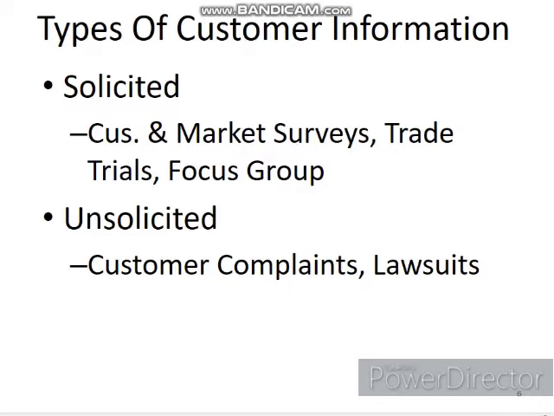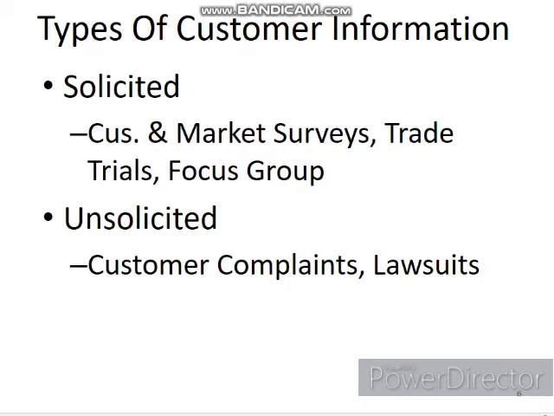So how do you get input from the customer? How do you get feedback from the customer? You can categorize it into two types. One is solicited, one is unsolicited. Solicited input is basically you actively seeking information from your customer, from the market.